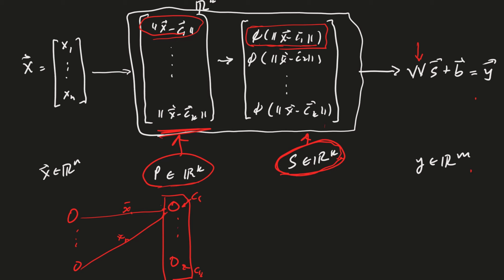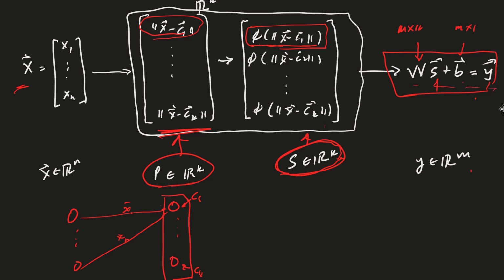Does everybody agree that it should be m by k? Because s is a vector in Rk, and then b is a vector in Rm, so that's going to be m by 1. And so, yeah, that's going to be our output. Good, and so we're going to do that for each data point, right? So for each input I'm going to have a Ws plus b.